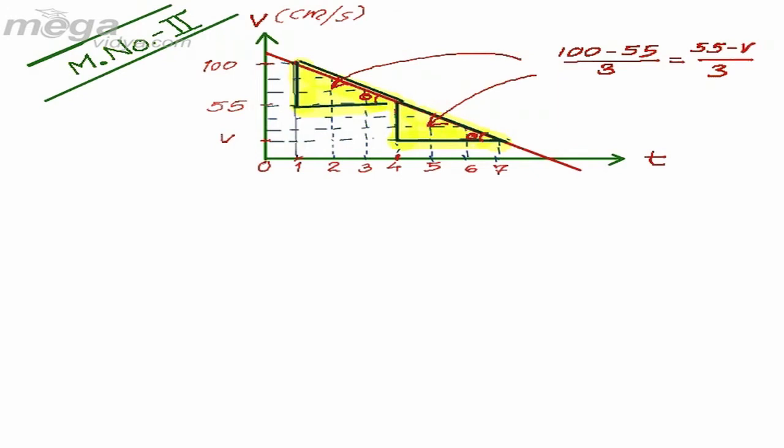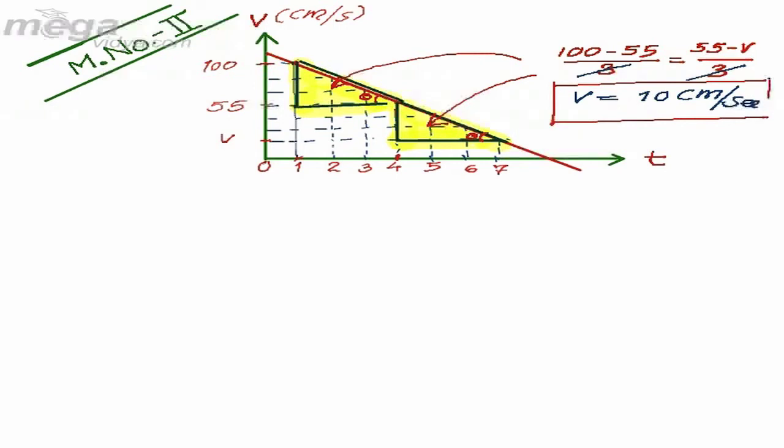By equating these two triangles using the property of similar triangles, the 3s cancel and finally we find v to be 10 centimeter per second. You can see how magically and accurately we have achieved this result.